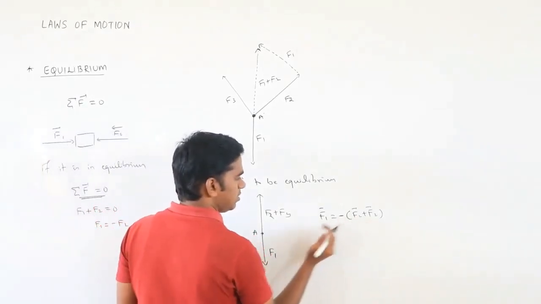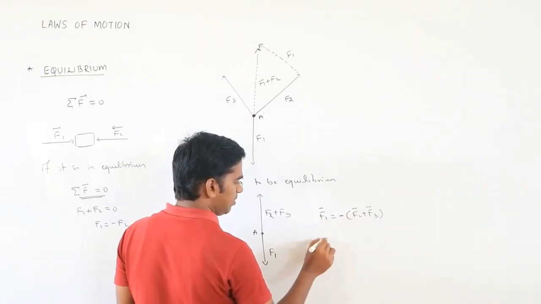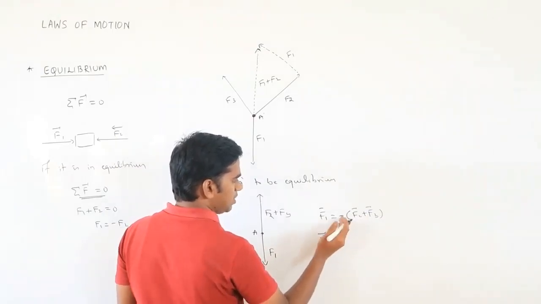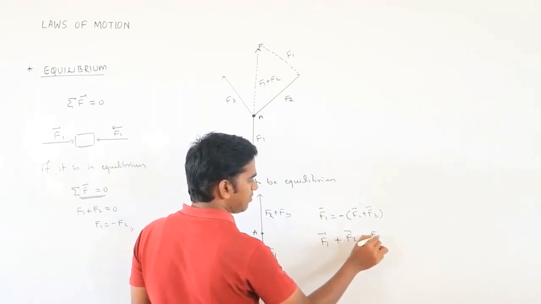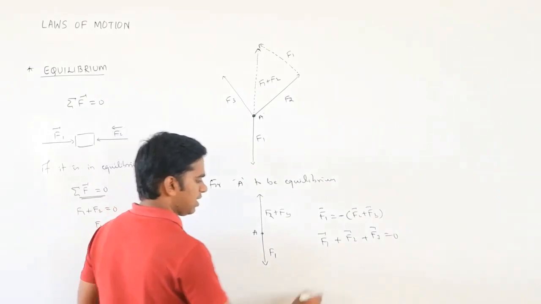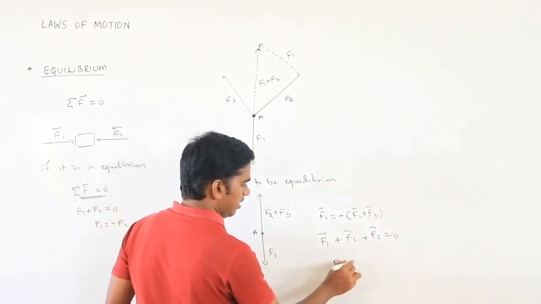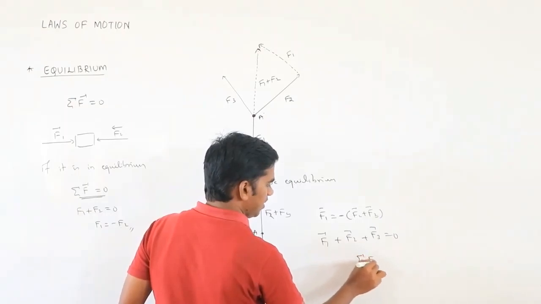So you take F2 plus F3 to this side, and that will become F1, the negative becomes positive, plus F2 plus F3 equals 0.